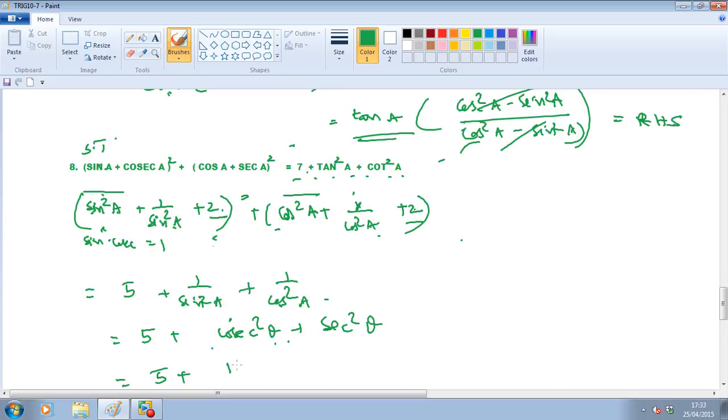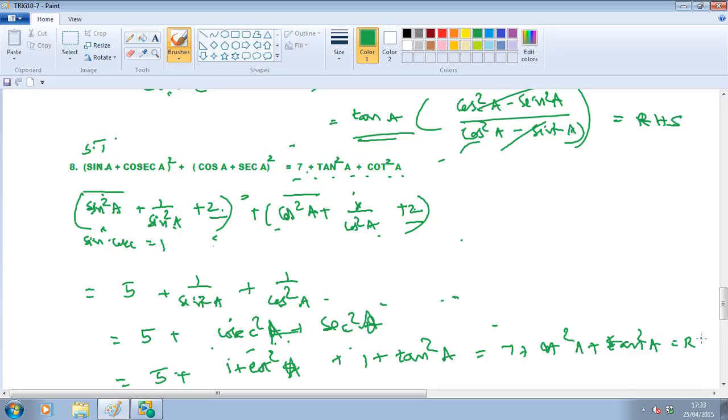So this is 1 plus cot square A, plus the secant square, 1 plus tan square A. Now 5 plus 1 plus 1 is equal to 7 plus cot square A plus tan square A, which is the right hand side.